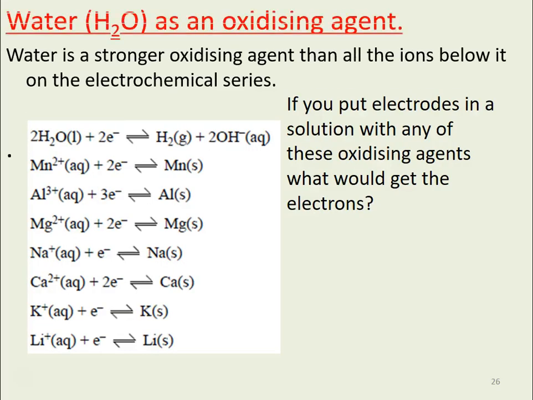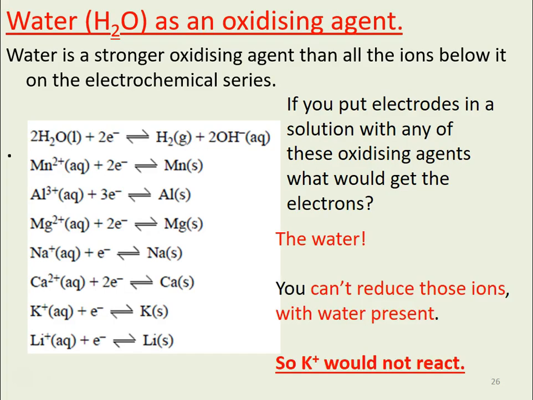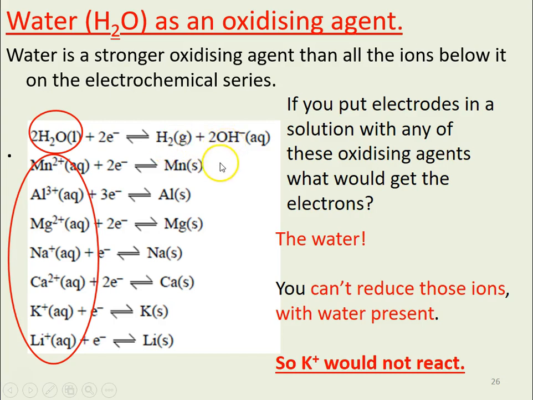If it's a solution and you're doing electrolysis, water is a stronger oxidizing agent than all of these metals. So if you're adding electrons, the water will get the electrons first and turn into hydrogen and hydroxide. So you will never get any of these metals formed. So because potassium is one of them, potassium would not react.